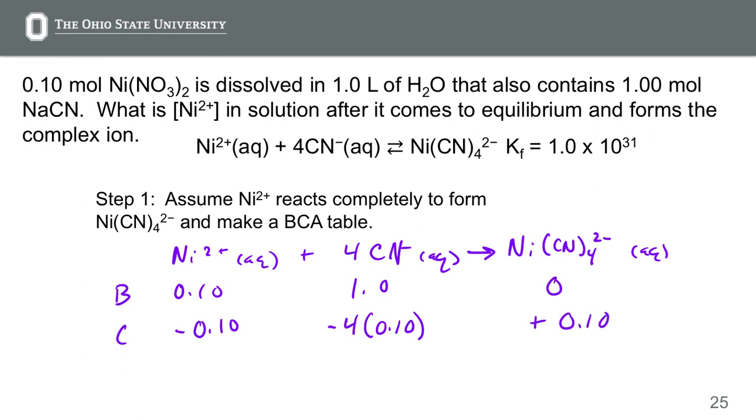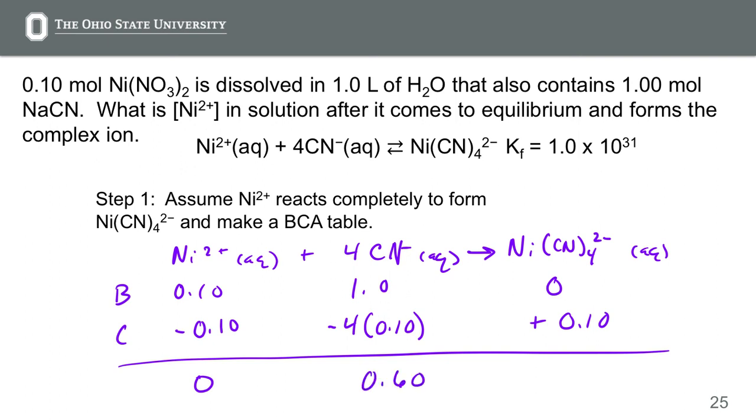Does everyone see why I'm doing the minus 4 times 0.1? Is the stoichiometry there? Okay, so we are left with 0 moles of nickel. That's great, that was our intention. We are left with 0.6 moles of CN minus, and we form 0.1 moles of nickel cyanide complex ion.